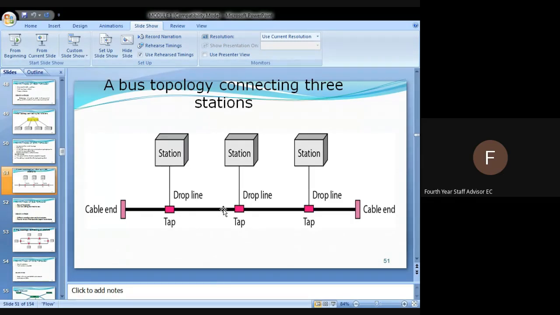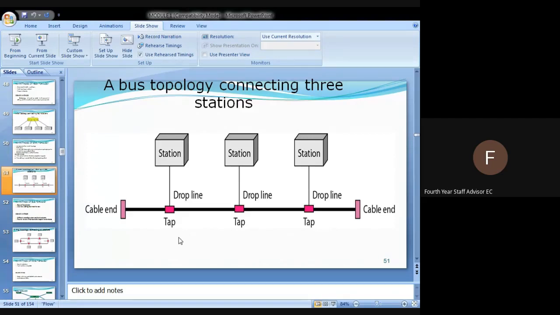So bus topology is a multi-point connection, and each station is connected to a long cable with the help of a drop line and a tap.